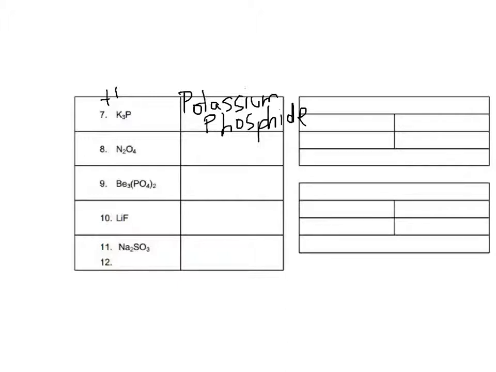Number 8, nitrogen is a nonmetal. It makes a charge of -3. And so since our compound starts with a nonmetal, we know we're going to use prefixes. The prefix for 2 is di, and the prefix for 4 is tetra.